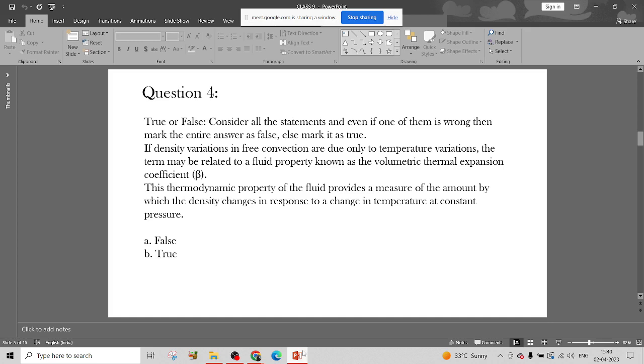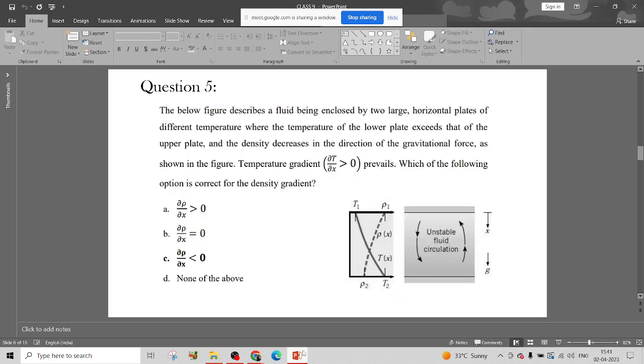So beta is equal to minus 1 by rho del rho by del T at constant P. So obviously, what it said, that it is due only to temperature change, is wrong. So this answer is A, false. Okay, let's proceed to the next question.